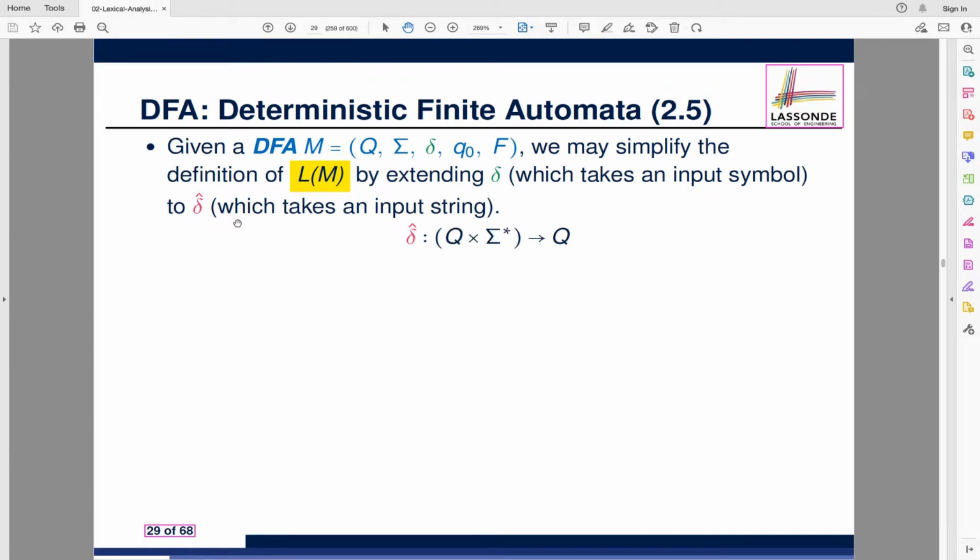It's a bit different, right? You can see the normal delta will take just sigma, but now it's sigma star. That's the only difference. What does that mean? That means the delta hat is a generalized version of delta in such a way that it will take a single state, the starting state, and then a sequence of characters, like a string, and then move maybe many states ahead according to the transition function.